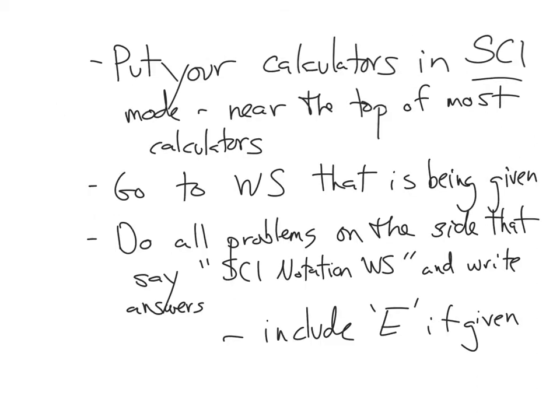So the first thing I want you to do is put your calculators in Sci mode, SCI mode. It's usually located near the top of your calculator. For the TIs, it says mode right there at the top, and you'll move your cursor over it. For those of you using an older version of a calculator, it usually has it up on the top.